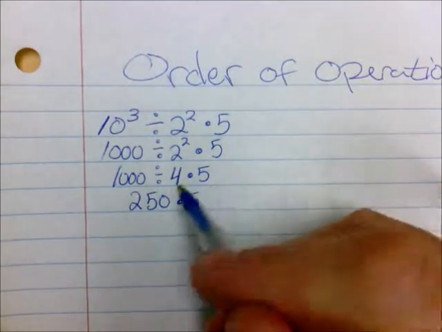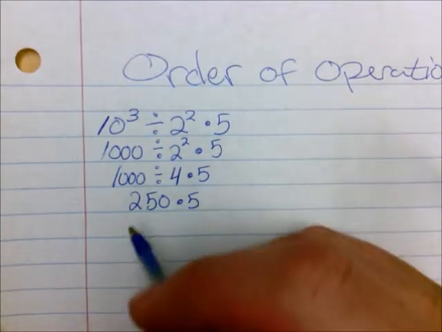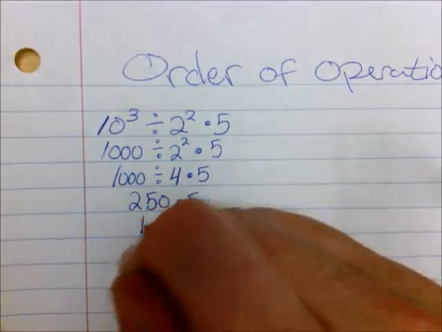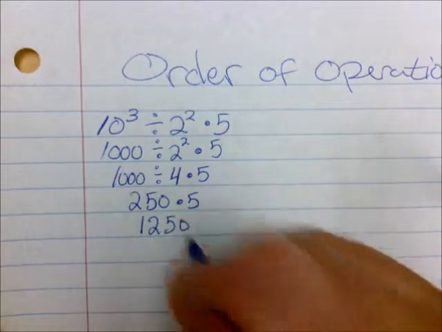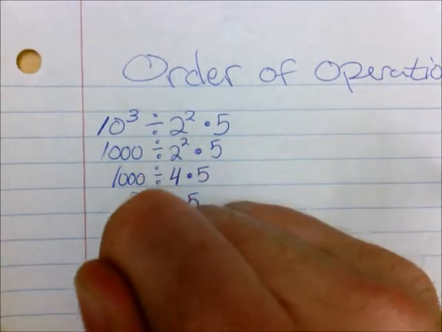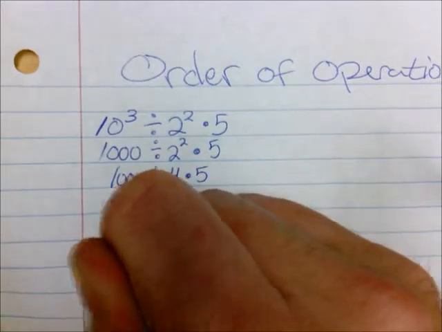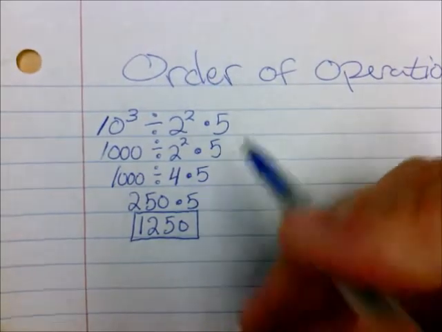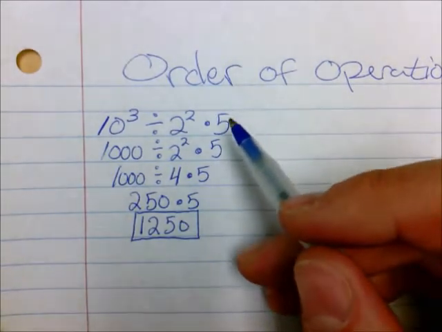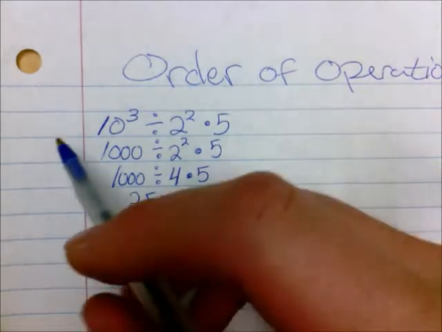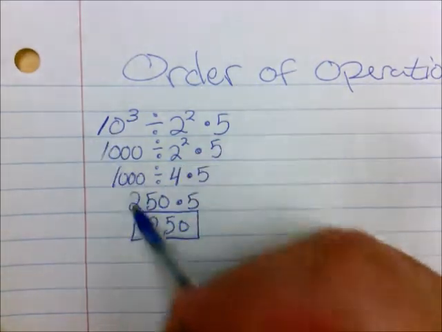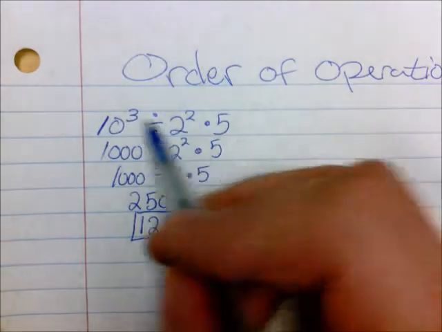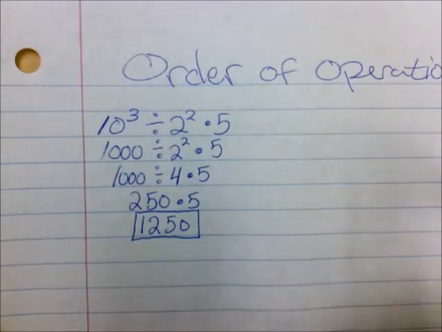Once again, I don't need to do this on the side of my piece of paper. 250 times 5, that's 1,250. And I'm going to box out my answer. What I tell my kids is I want them to think about it like a funnel. The problem is funneling down on each side, or we're making an upside down triangle. That's what I'm looking for there.